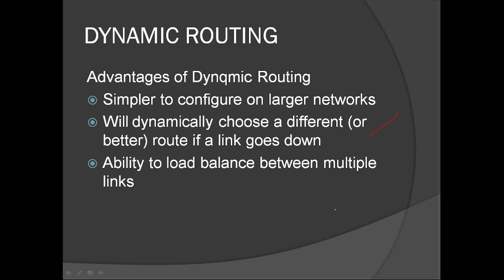Okay? Basically, the dynamic route configuration allows the router to select the best path. It will look for the best path on the network, especially if the link goes down.